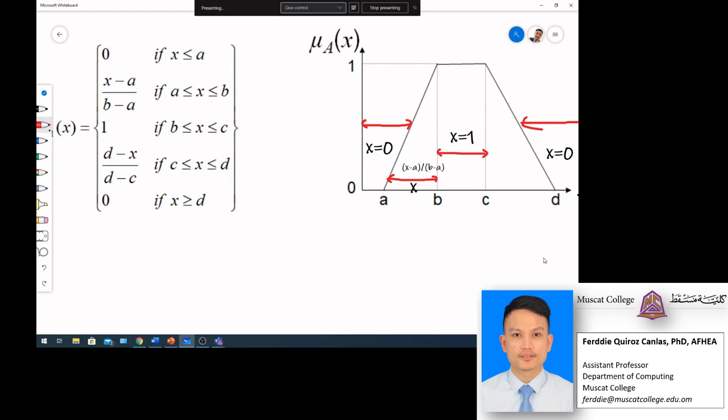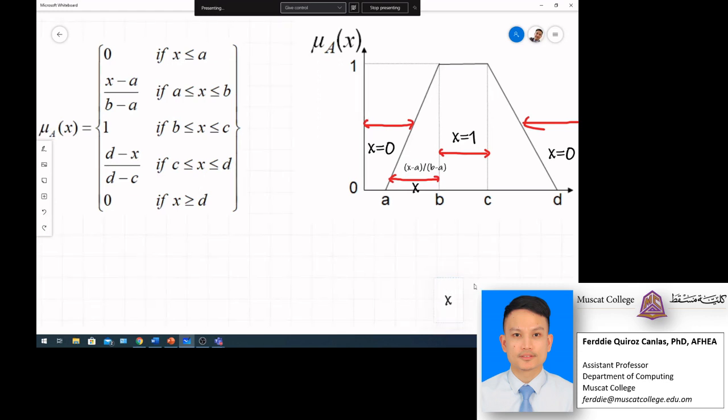Any question here? So if my x is residing in between C and D inclusive, I'm going to use the formula d minus x over d minus c.